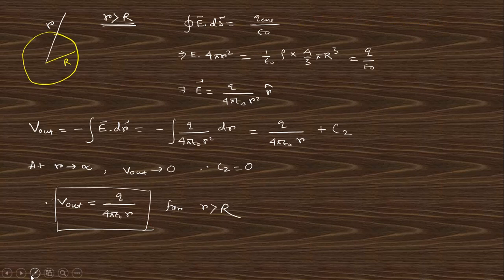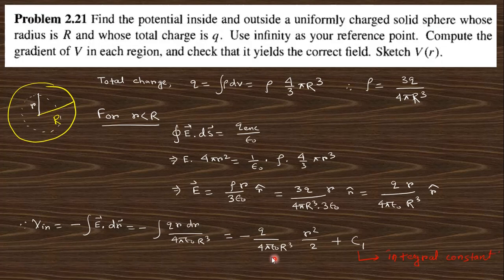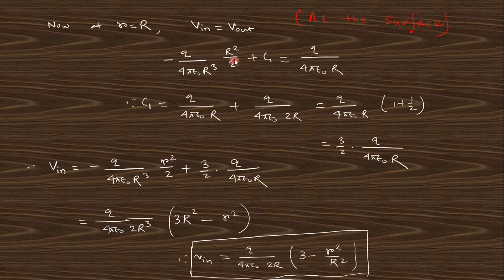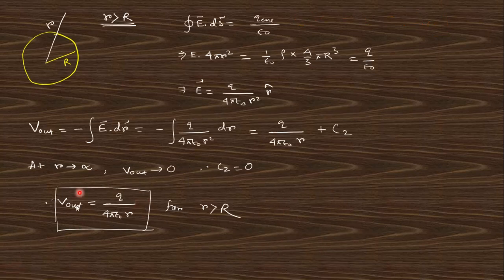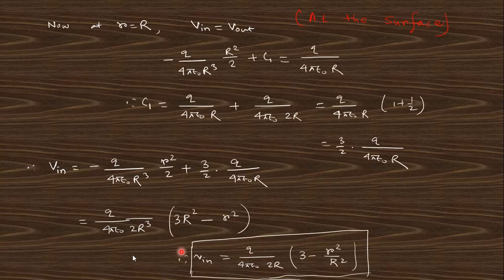So in the inside potential expression, put small r equal to capital R, and similarly for the outside, put small r equal to capital R, and finally you will get the value of C1. If you put the value of C1, you get the potential within the solid sphere, and this is the potential outside the solid sphere. Clear? We needed to find this one.